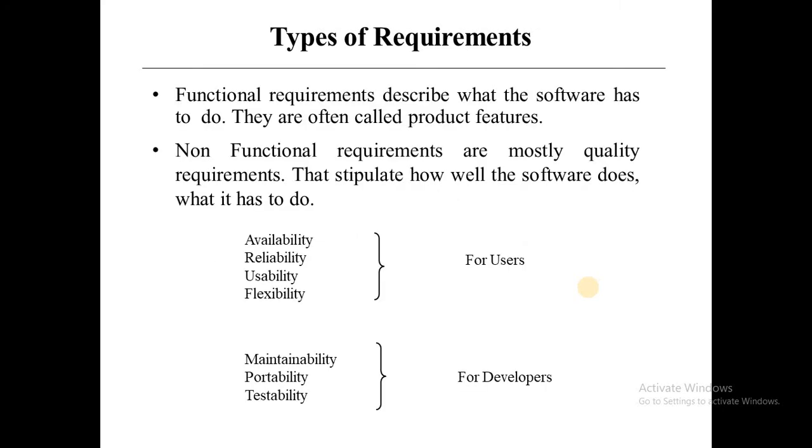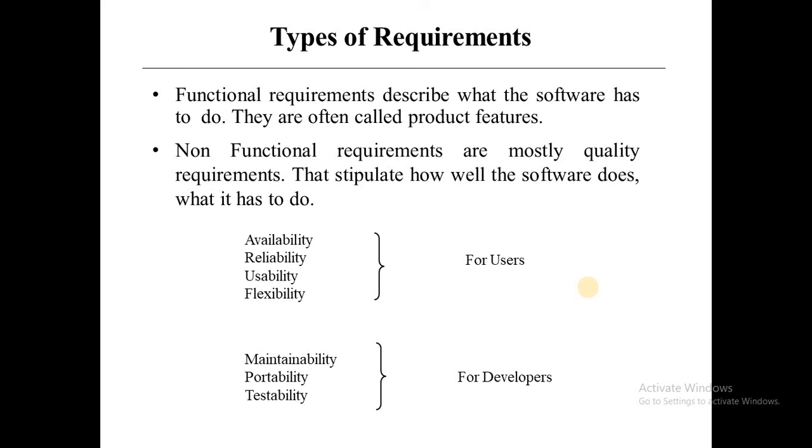Functional requirements describe what the software has to do. They are often called product features. Non-functional requirements are mostly quality requirements that stipulate how well the software does what it has to do. In quality-related requirements, some are related to the user, and some non-functional requirements are related to the developers.